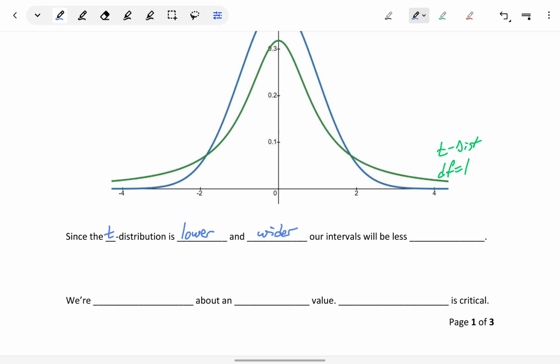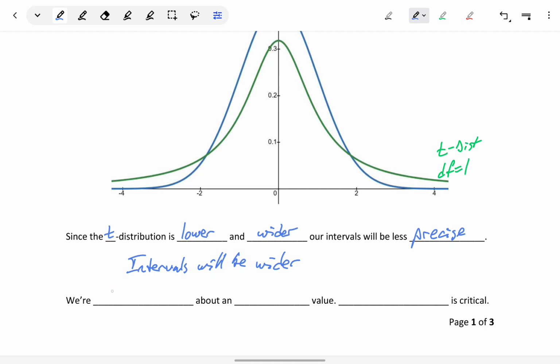Because of that difference, the intervals that we construct using the t-distribution will be less precise, meaning our intervals will be wider than they would be if we constructed them using the normal distribution.